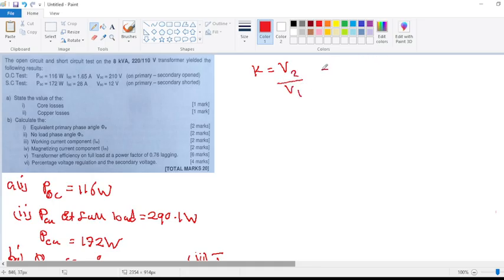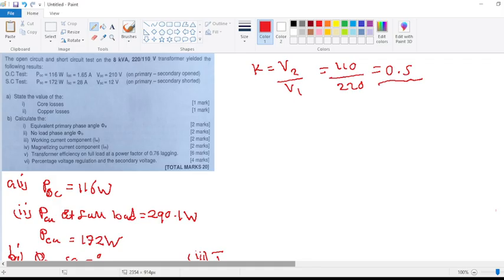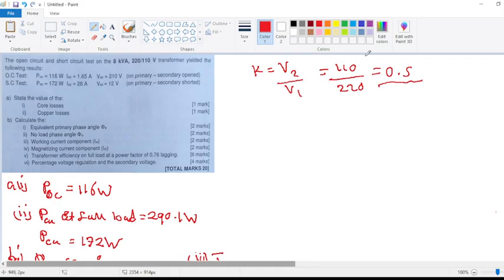So now our V2 is 110, you divide it by our V1, which is 220. If you divide 110 by 220, you're going to have 0.5. This is the ratio that you are going to find, because the voltage on the primary side and the voltage on the secondary side gives us this ratio.